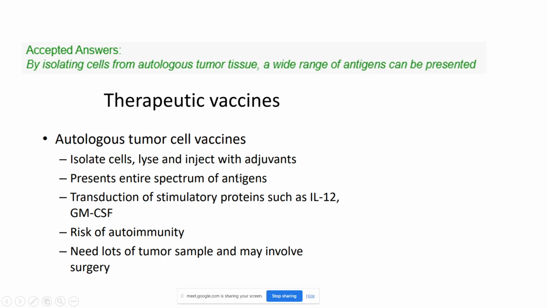This presents an entire spectrum of antigens, but it needs a lot of tumor sample and may involve surgery of the individual. There can also be allogeneic tumor cell vaccines, wherein you get the cells from a different individual and similarly use them to target these cancer cells.